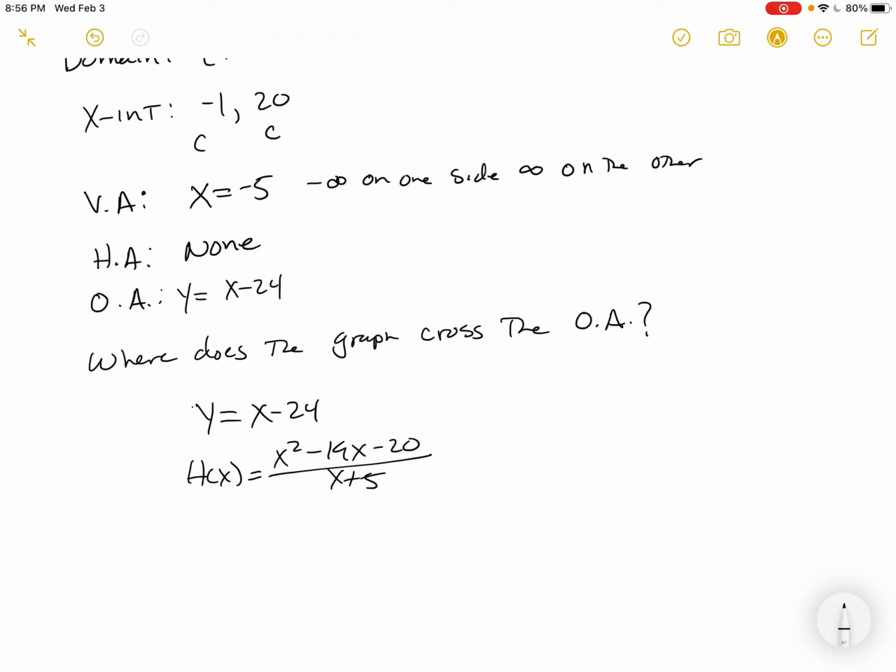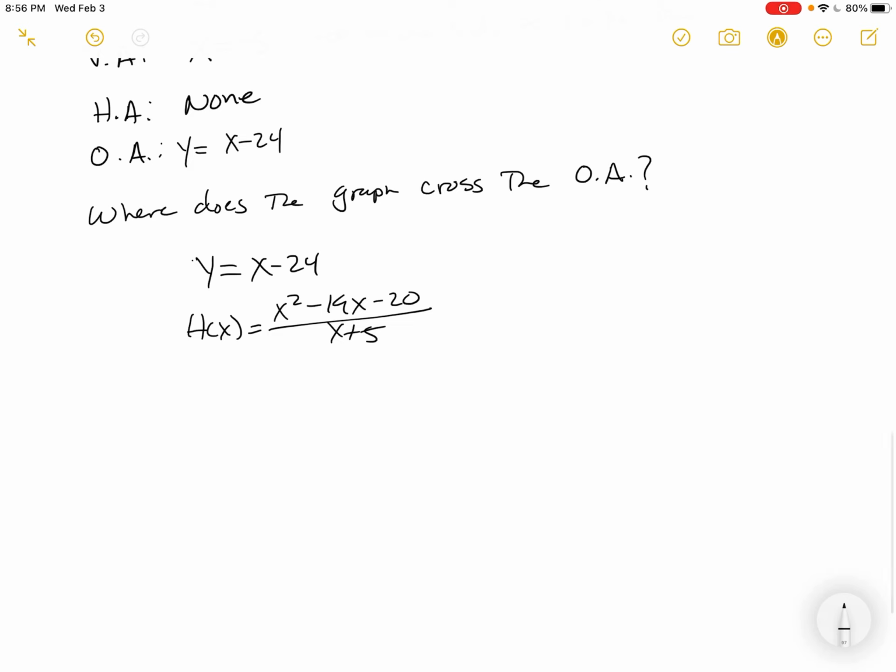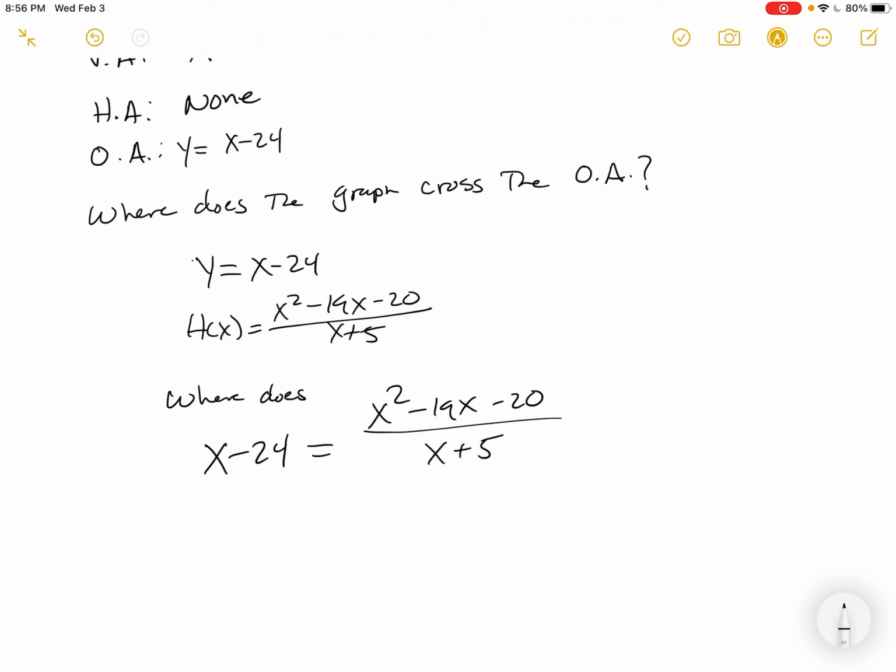We'll do it by substitution. We'll just let the y's equal to each other. So hopefully you know h of x is just y. That's what's been taught to us from the very beginning, that the function symbol is a replacement for y. And so this is the question. Where does x minus 24 equal x squared minus 19x minus 20 all over x plus 5? Well, we just solve it. You know what to do.